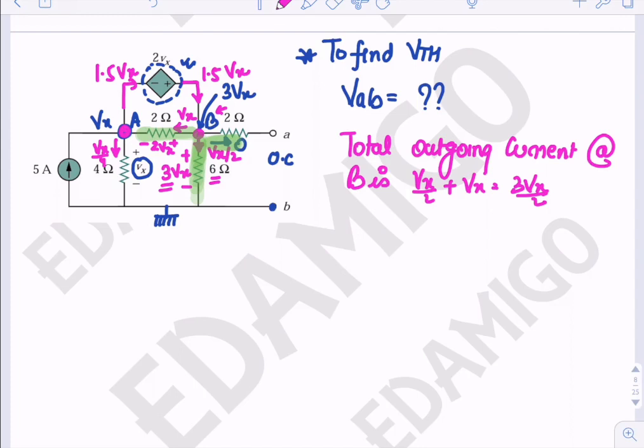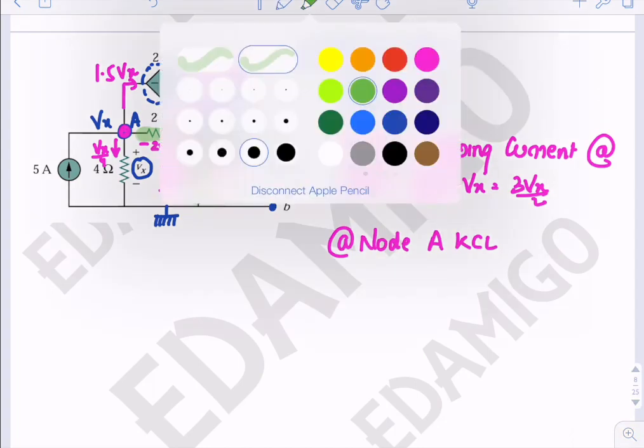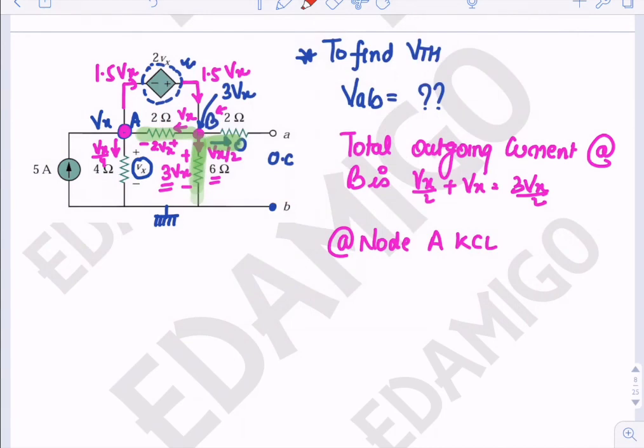At node A, applying KCL, the incoming current is 5, so we write minus 5. The outgoing current is Vx by 4, so plus Vx by 4. The outgoing current is 1.5 Vx.